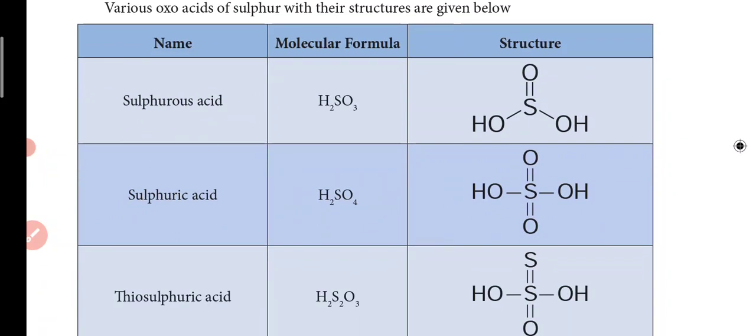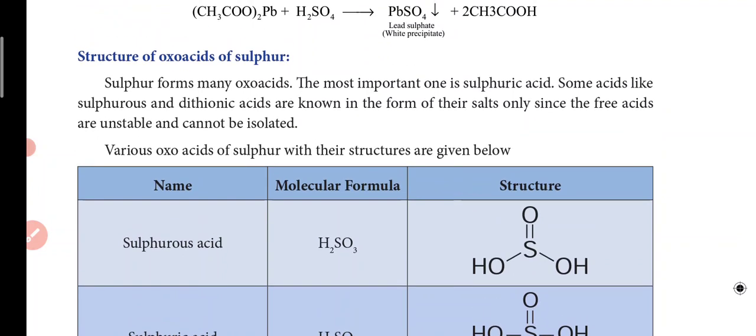First is sulfurous acid. So sulfurous and sulfuric, what is the difference? H2SO3 is sulfurous. For sulfuric, you have to add one more oxygen. So here also you can see double bond O and OH. Oxo acids of sulfur means what?